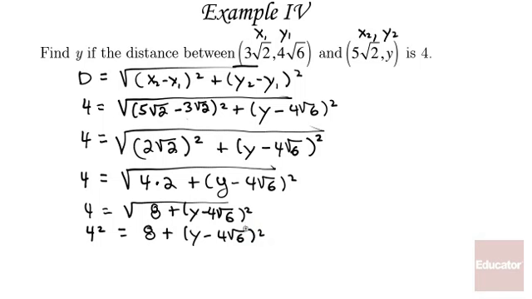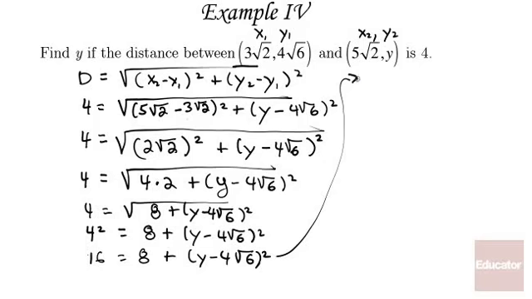And this is going to give me 16 on the left side, which allows me to do some more simplifying. Continuing on at the top of this column, 16 equals 8 plus y minus 4 radical 6 squared. Subtract 8 from both sides to simplify.